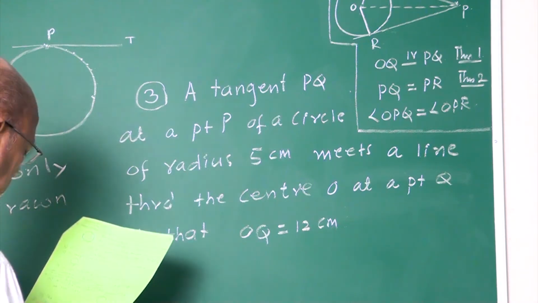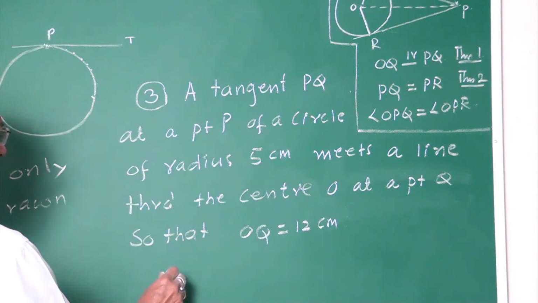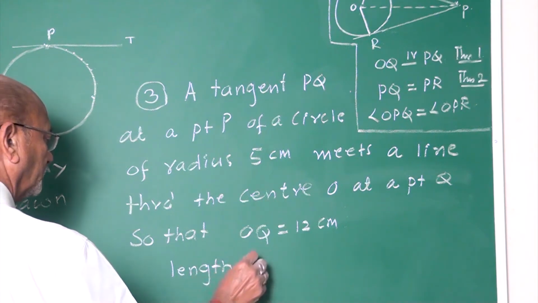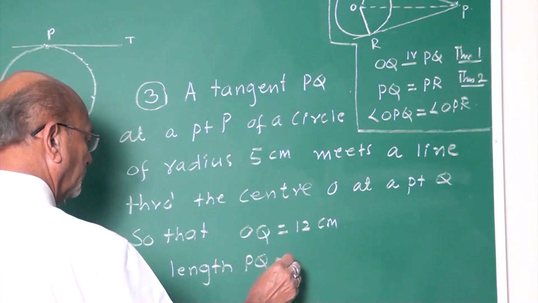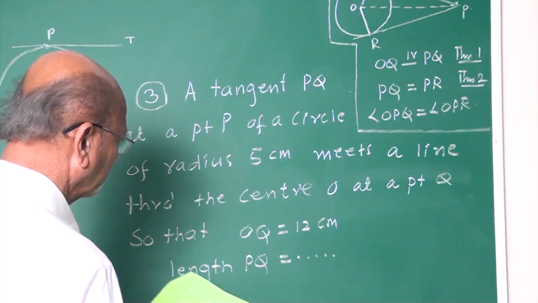Then length PQ equal to dash. These are the options, my friends.